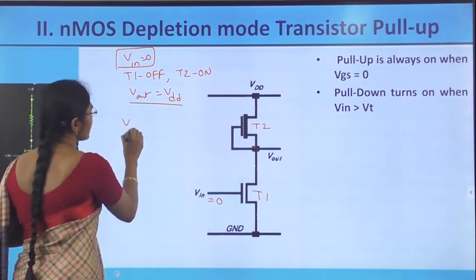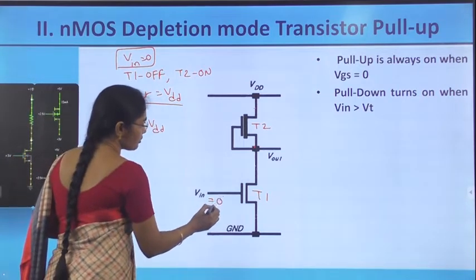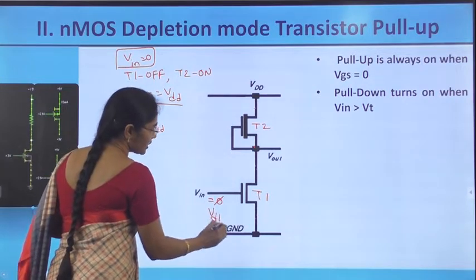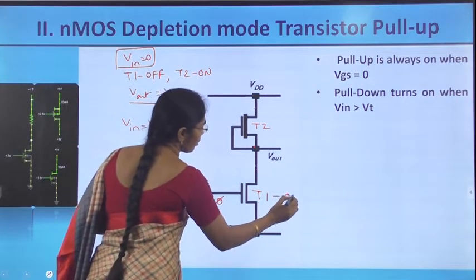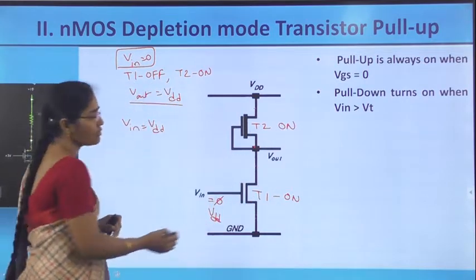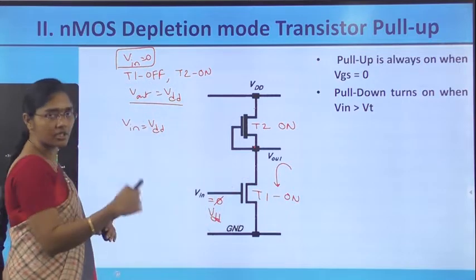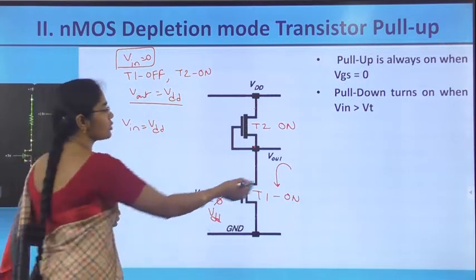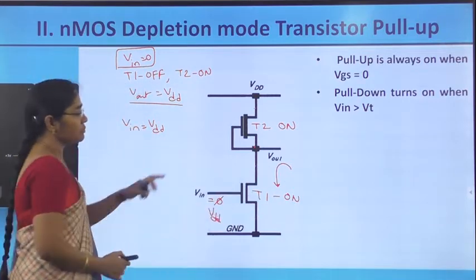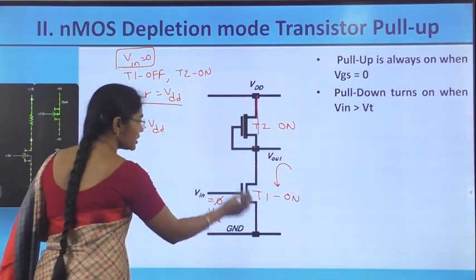Now let us take Vin is equal to the VDD value. What will happen? When Vin is equal to VDD, T1 is on and T2 is always on. Because of this, Vout has a path connecting to the ground. So Vout is discharging, but it is not fully discharged because of the short connection here.